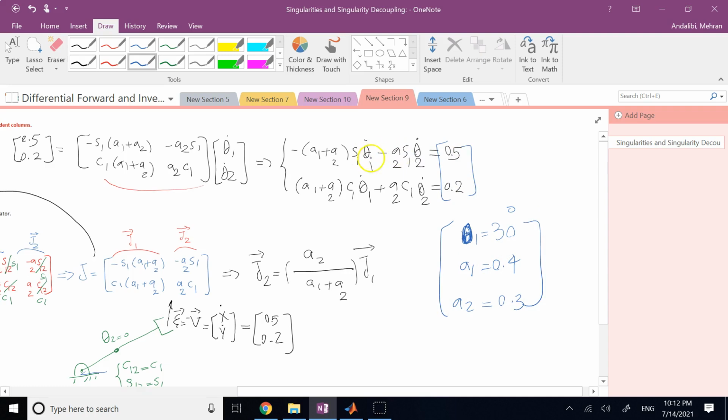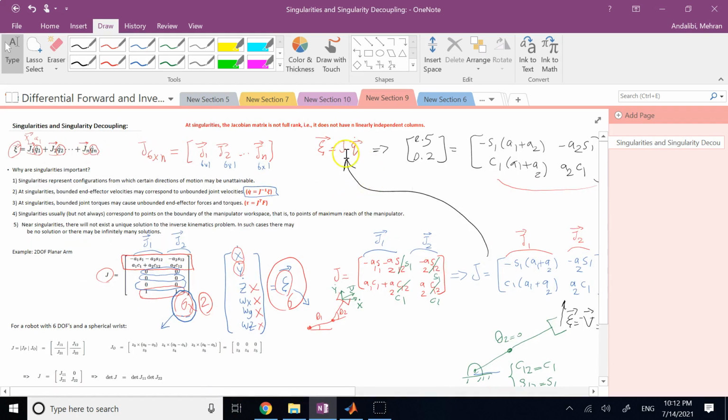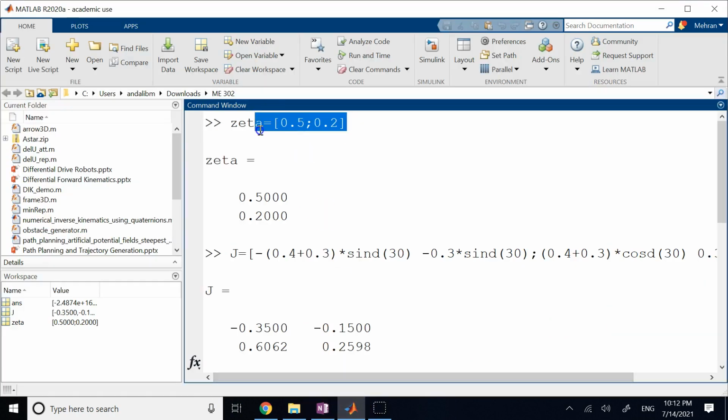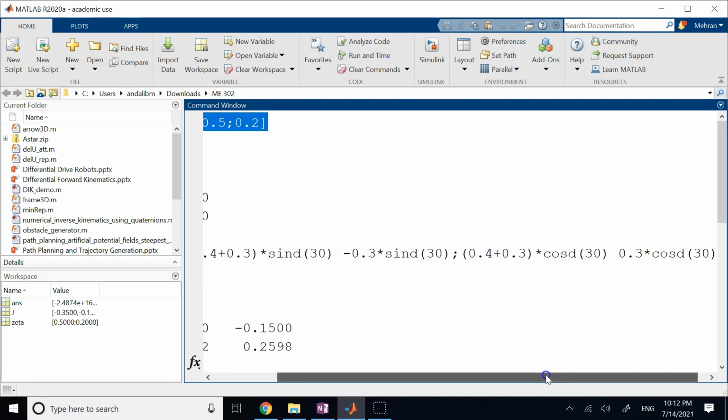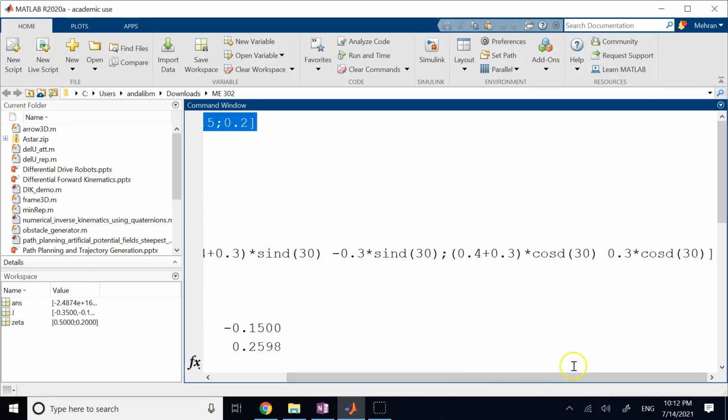And now I'm asking MATLAB to give me the solution by inverting J and multiplying it by what? By zeta to give me Q dot. So here, that is your zeta. This is your J matrix. As you can see, negative A1 plus A2 sine of theta 1, negative A2 sine theta 1, and then A1 plus A2 cosine theta 1, and then A2 cosine theta 1.